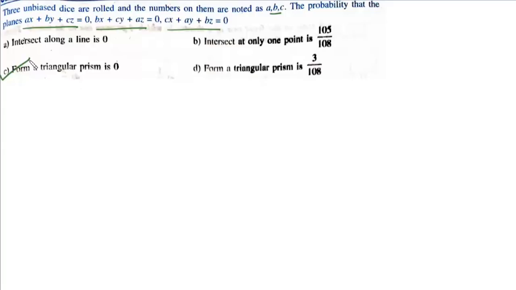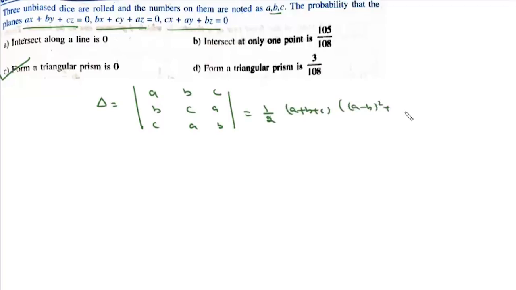Now if we look at delta for these homogeneous equations, this delta will be the determinant with rows A, B, C; B, C, A; and C, A, B. We know that we'll get this as 1 by 2 times (A plus B plus C) times ((A minus B) square plus (B minus C) square plus (C minus A) whole square). If it is equal to 0, we'll have infinitely many solutions, and if it is unequal to 0, then we have a unique solution.